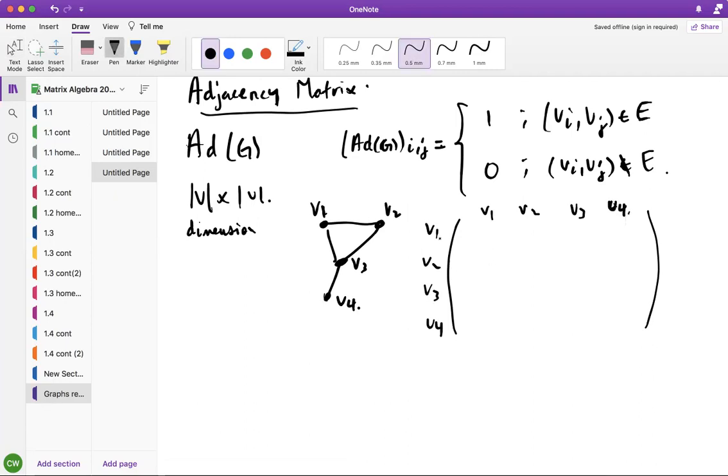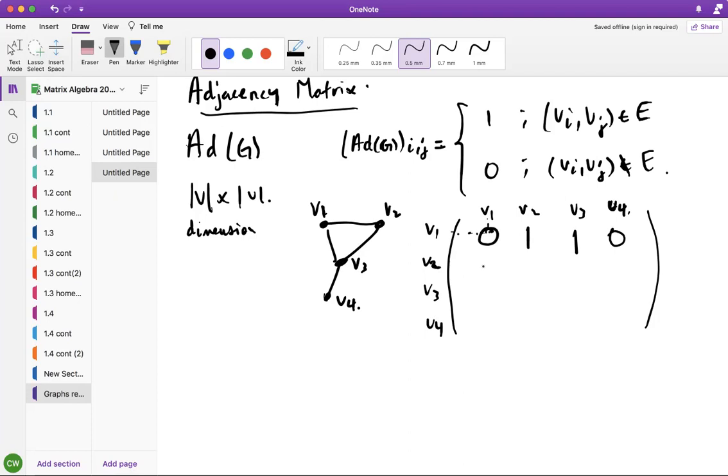And we're going to fill in the matrix based on what's adjacent. So this first entry here, is v1 connected to v1 by an edge? No, right? And that'll never be true because we're thinking about simple graphs. Is v1 connected to v2? Yes, it is. Is v1 connected to v3? Yes, it is. But v1 is not connected to v4, so that's a 0.